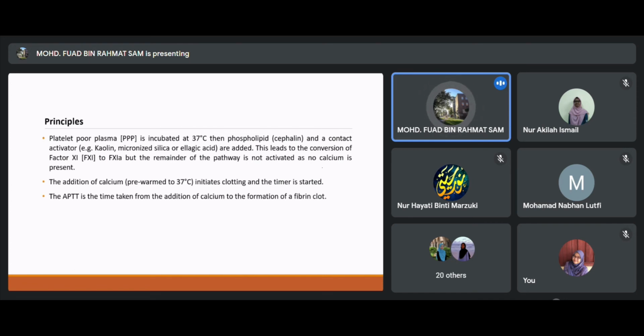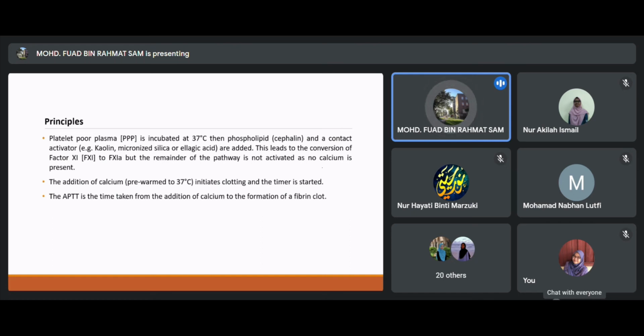As usual, when we want to measure PT or APTT, the sample we use is blood. Yes, blood, but we do not measure the blood cells, we measure the plasma. So blood is taken by venipuncture as usual, and then we separate the plasma from the blood cells by centrifugation. The platelet poor plasma is incubated at 37 degrees, obviously because we want to mimic human temperature.